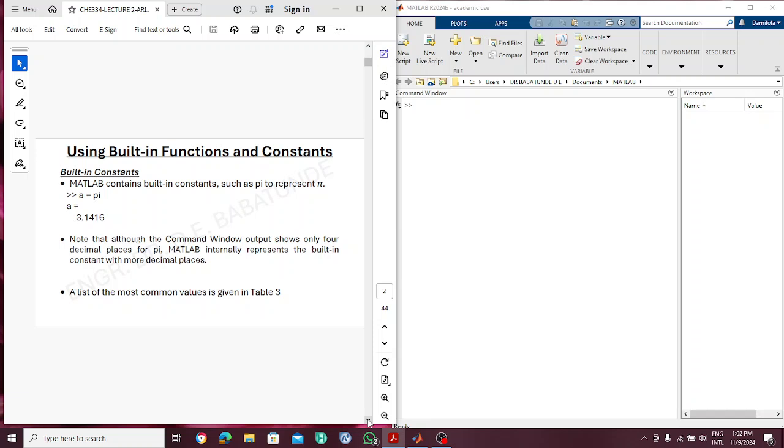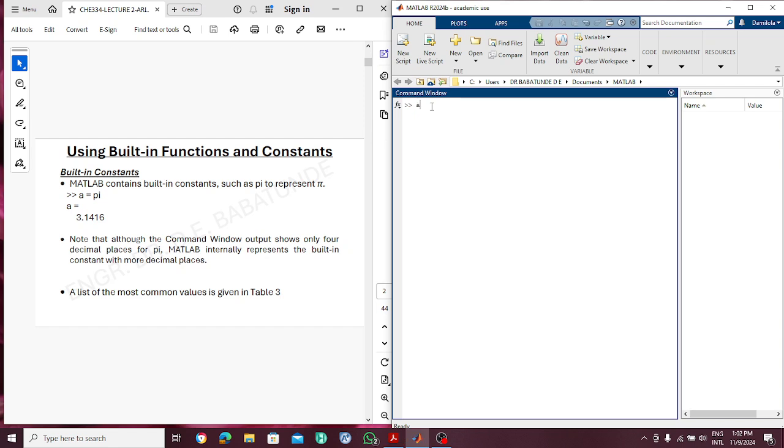For example, we can get a variable and equate it to pi. So it returns that value to us. Before we move on, one thing we can take note of is that MATLAB has returned 4 decimal places to us.